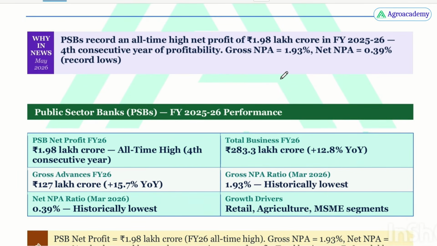Next come the public sector banks. Public sector banks have recorded a high net profit of 1.98 lakh crore in the last financial year, 2025-26, and it is the fourth consecutive year of profitability. Gross NPA, that is non-performing assets, is 1.93% and net is only 0.39%, which is the lowest compared to last year.